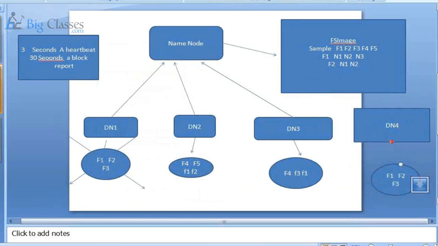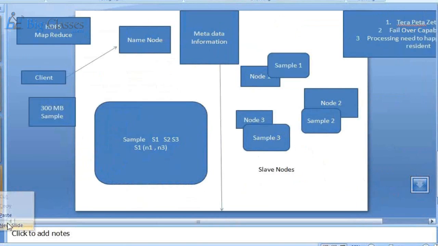Let me tell you one thing, very good question. Suppose you have a database of size 100 GB. Do you really use the big data concept?